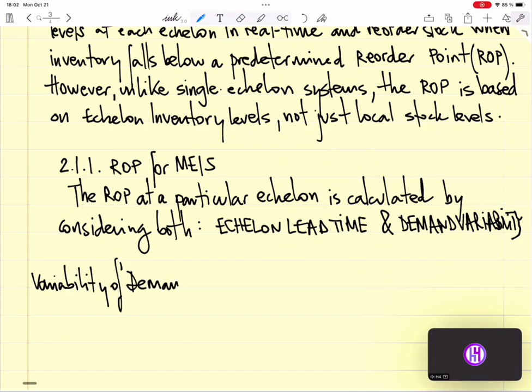Variability is measured by the variance or its square root, the standard deviation, which is the sum of the squared differences between each demand point and the demand mean, divided by n minus 1.